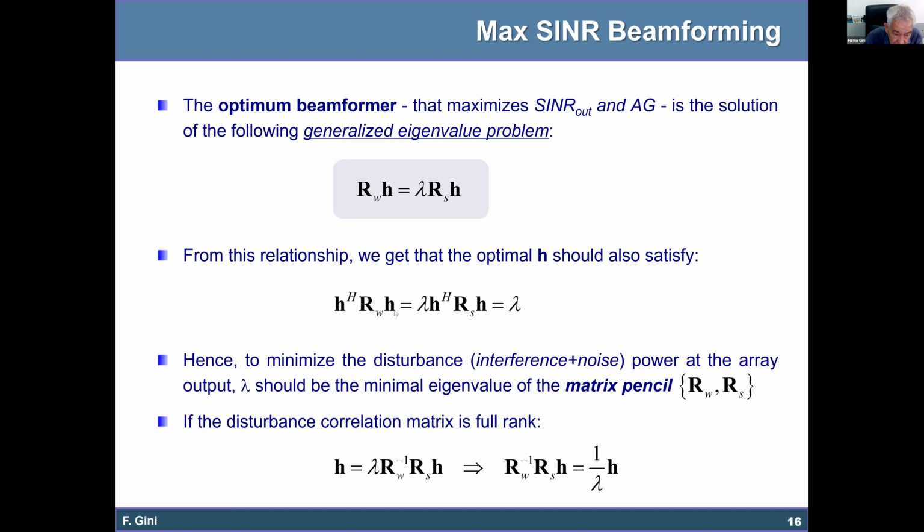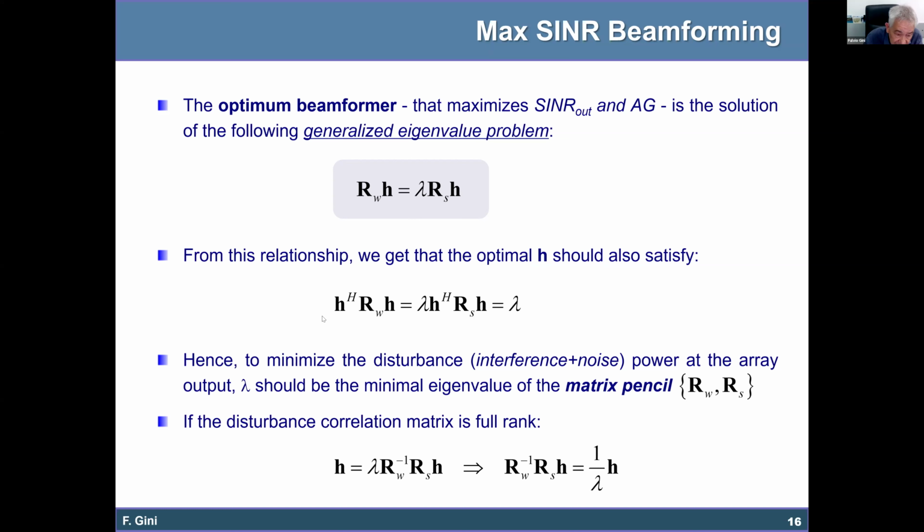So in other words, the quantity that we want to minimize, which is the left-hand side, should be equal to one of the eigenvalues of this generalized eigenvector problem.